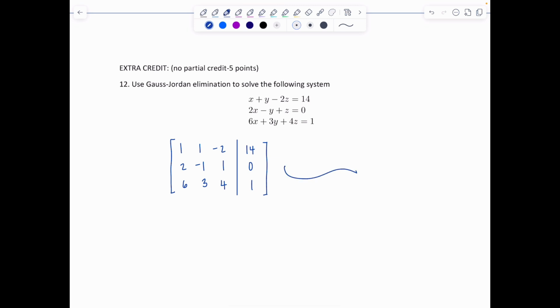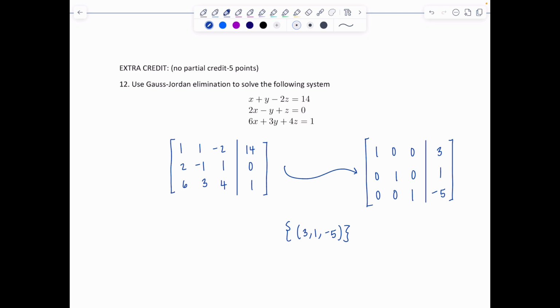You should end up with, I'm not even gonna go through it. I think at this point everybody can row reduce well. If not, I have plenty of videos on it, so go ahead and watch those. And you end up with 3, 1, negative 5. So that's the solution. 3, 1, negative 5. That ordered triple. Independent, consistent. Not that you needed to name all that.